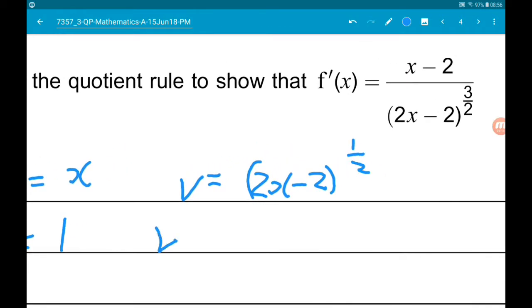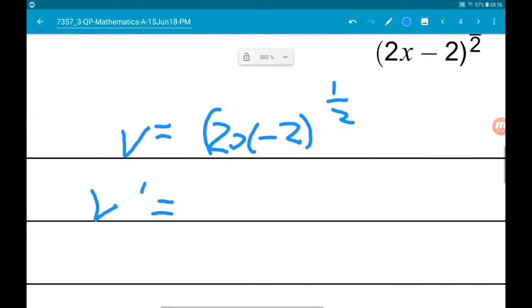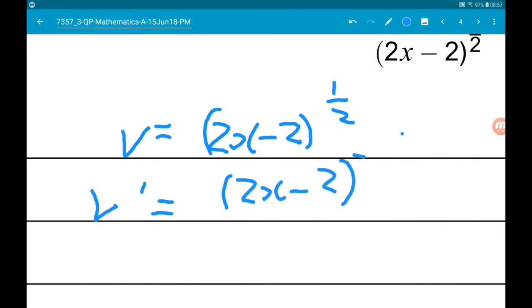So v dashed, okay, using the chain rule, 2x minus 2 differentiates to 2. But then when we differentiate the bracket, the half comes down, so that's going to multiply the 2 and just give us 1, and then the power goes down to minus a half. So we get 2x minus 2 to the minus 1 half.